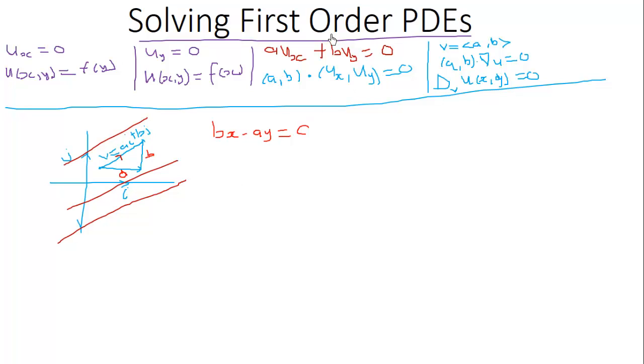So we have realized that the solution of the PDE is a function that depends on bx minus ay. Now these lines are called characteristic lines of our PDE.